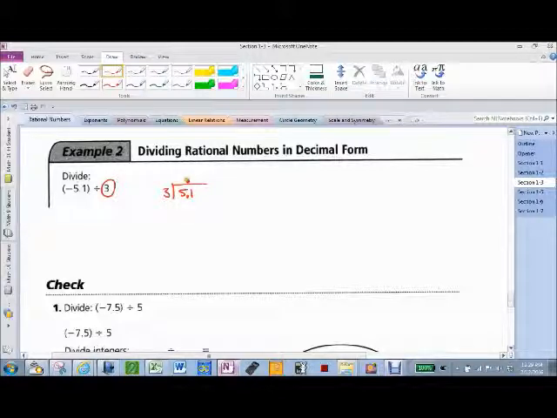The decimal goes up. It stays there. And then we just do regular long division. How many 3s go into 5? 1. So I put 1 3 into this 5, right? That leaves me with a leftover. So 1 3 worked with this 5, and that leaves me with 2. Then I bring down the 1. How many 3s go into 21?